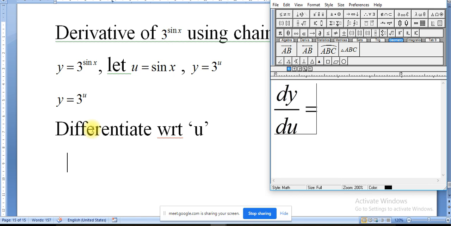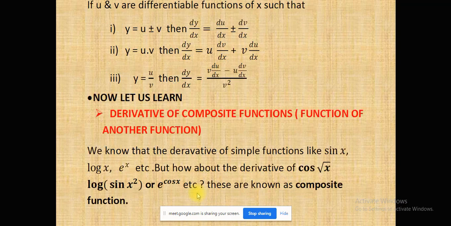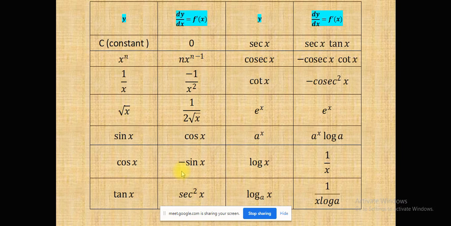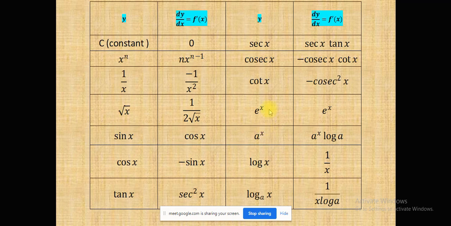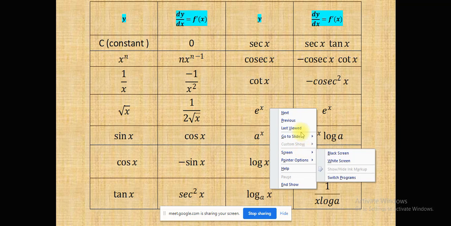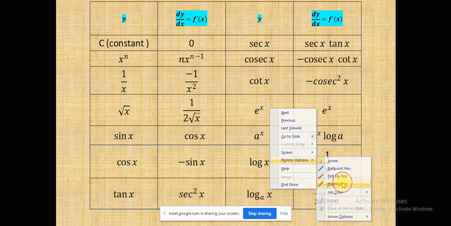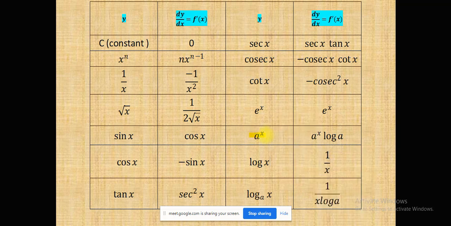This is the formula that we are using: if it is a raised to x, the derivative is a raised to x into log a.